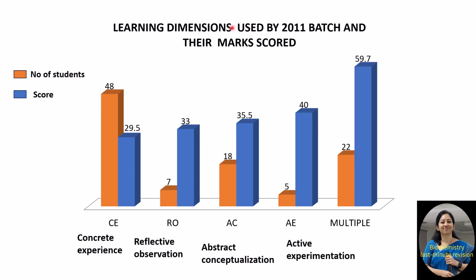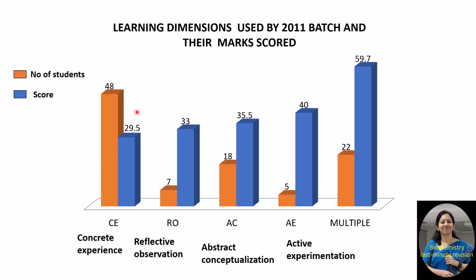Now just to give you the evidence of the same, this study was carried out on the 2011 batch, wherein we compared different components of the learning process, the number of students, and their scores. If you observe, there were 48 students who were practicing only concrete experience, that is they were just listening to the lecture.